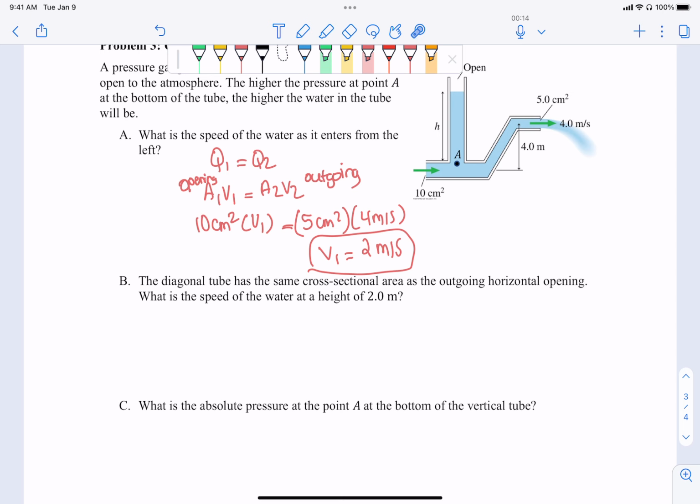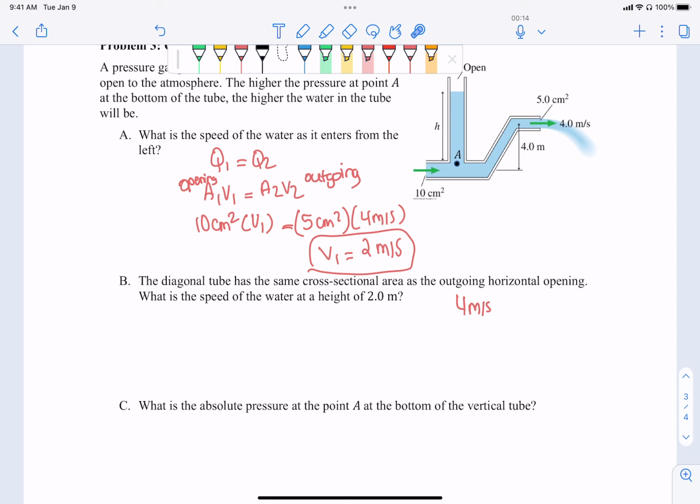we know that the outgoing area has the same cross-sectional area as the diagonal area. So, like Caroline said, it should be 4 meters per second, regardless of what height I'm at, because the cross-sectional area is the same.